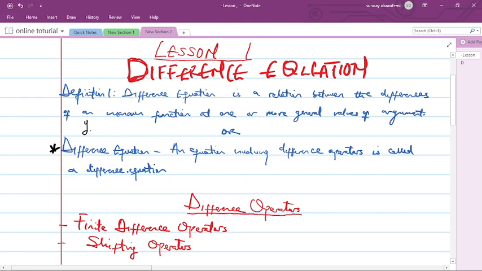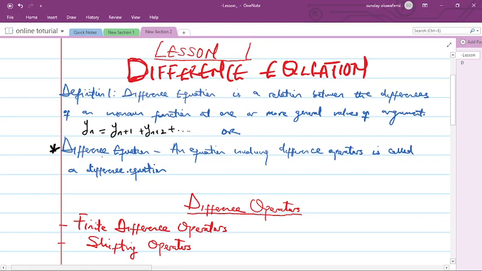Example, we have y subscript n, which can equal y subscript n plus 1 plus y subscript n plus 2 plus dot.